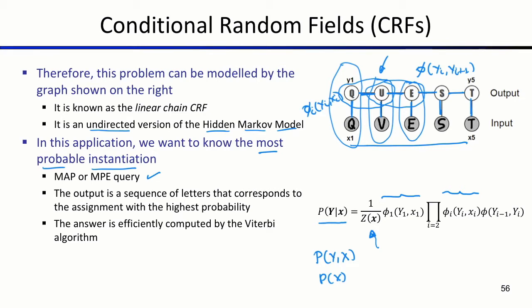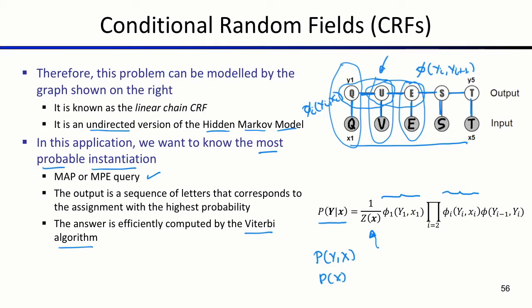In order to compute that efficiently, we need an algorithm, the Viterbi algorithm. We have already discussed the Viterbi algorithm when we saw the hidden Markov models, so basically it's the same algorithm.